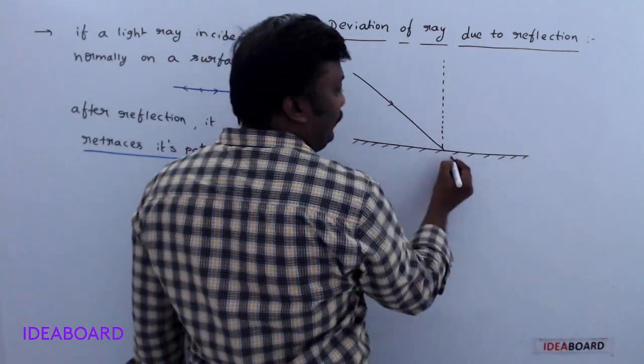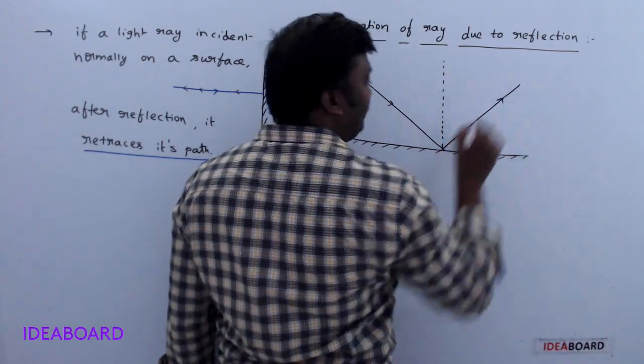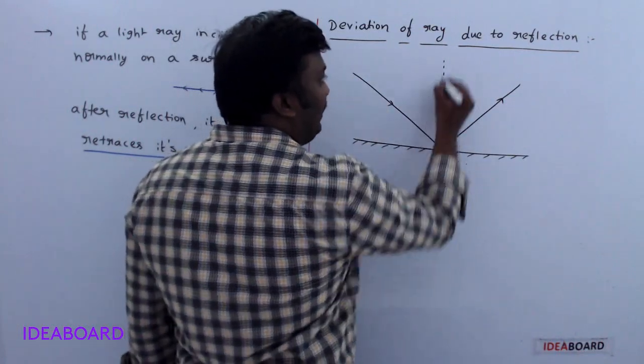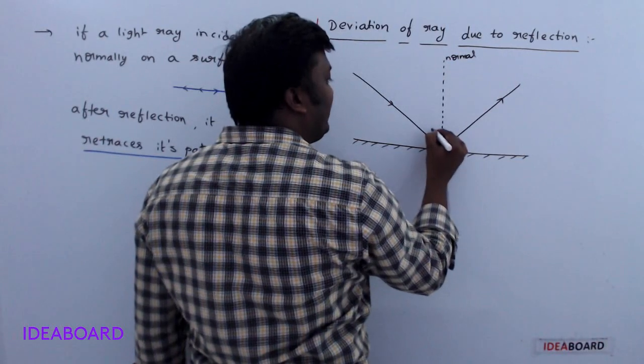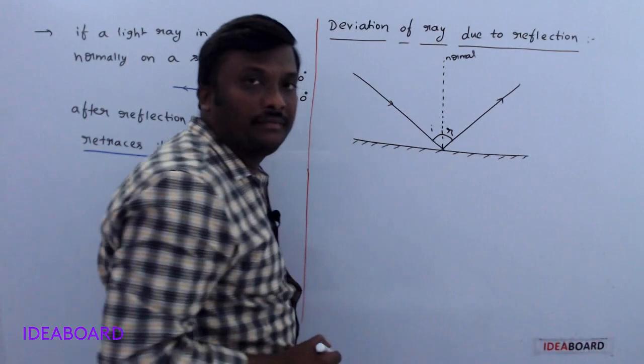And we know the ray will be reflected in the same medium. This is the incident ray, this is the normal. We know this is angle of incidence I and this is angle of reflection R.